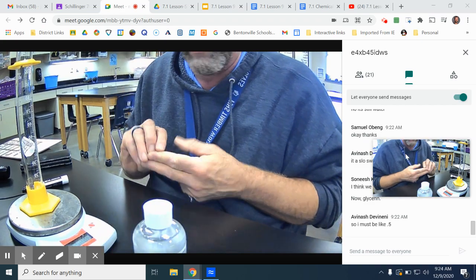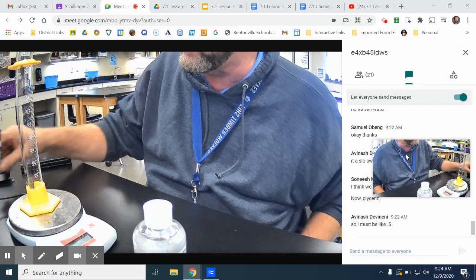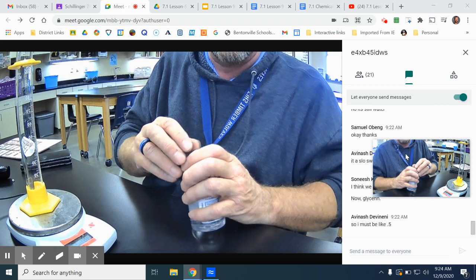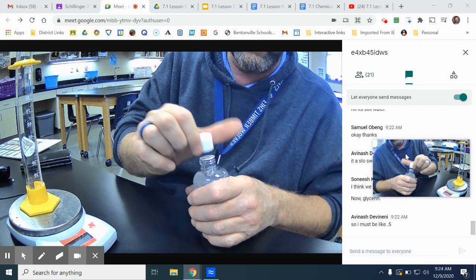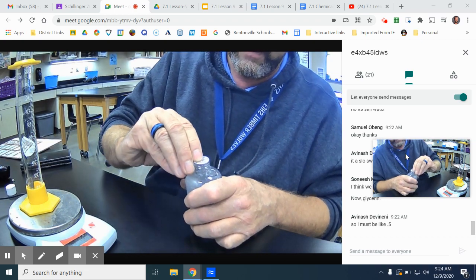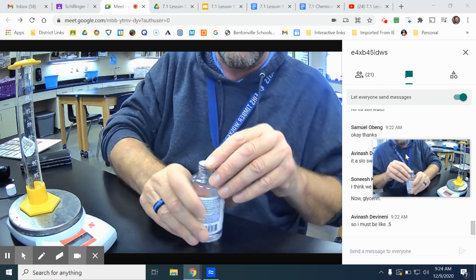It's kind of an oil, but it's not really an oil. One of the big things that you use glycerin for is actually to make bubbles. Like if you've ever had a bubble wand, glycerin is one of the ingredients that helps thicken the water up.